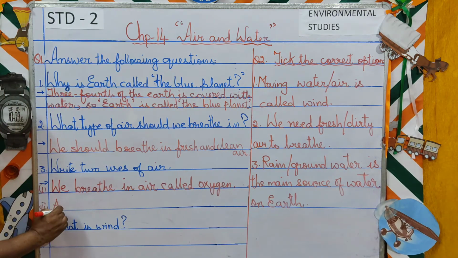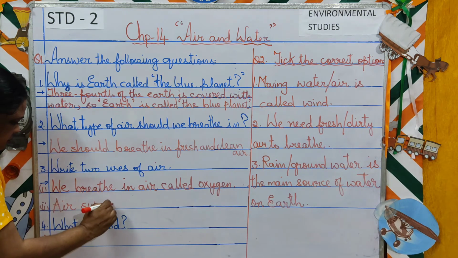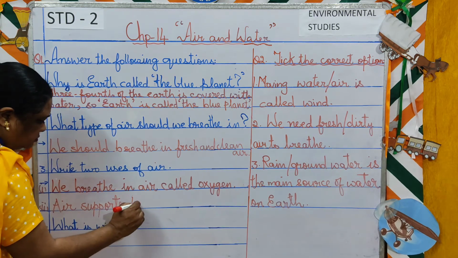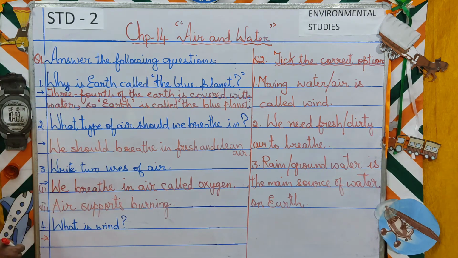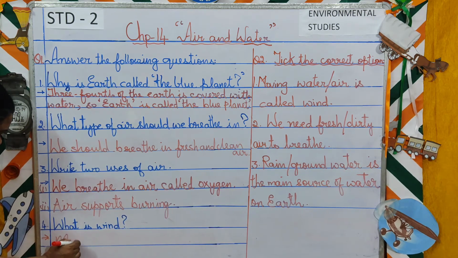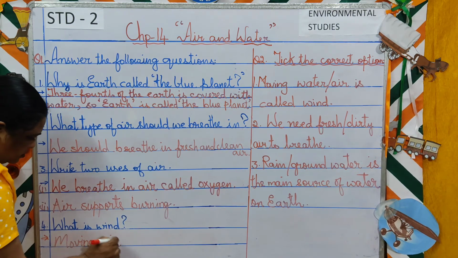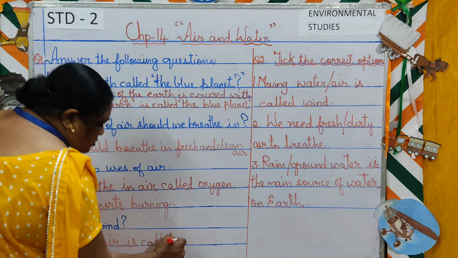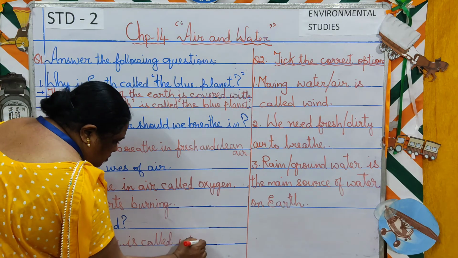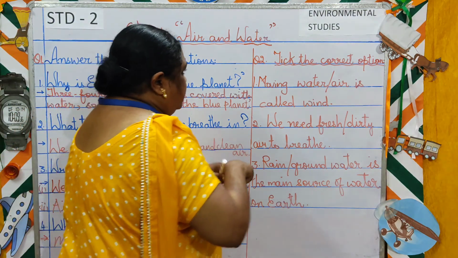Number 2, air helps in burning. Number 4, what is wind? Moving air is called wind.